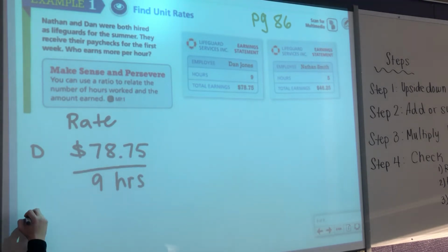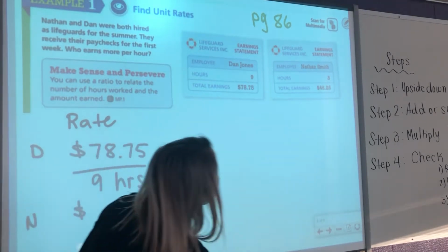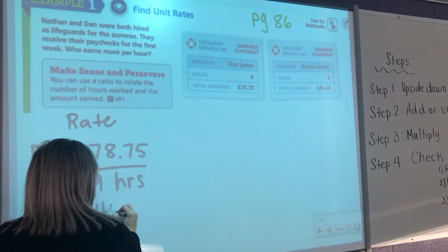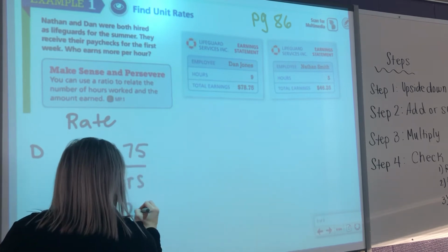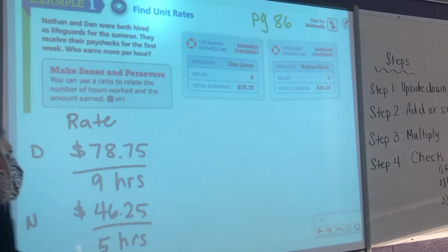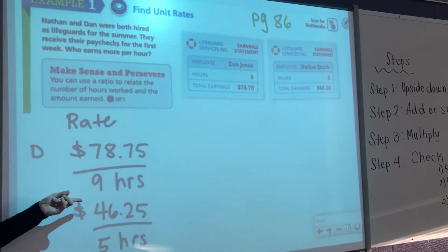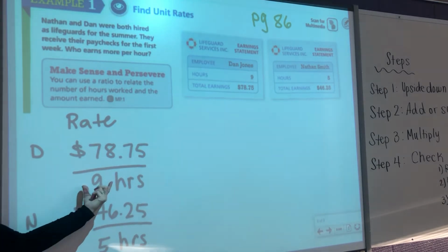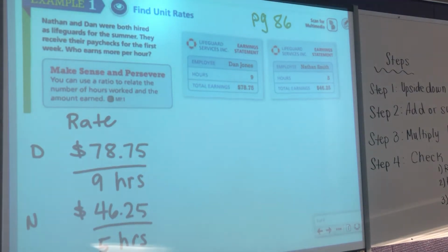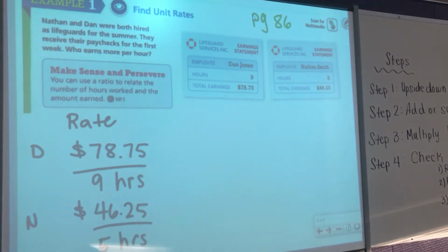What about Nathan? Nathan was $46.25 for 5 hours. Is that 46? Yes. And he worked 5 hours, right? Does this tell us who made more per hour? No, because we've got different hours. We have no idea.